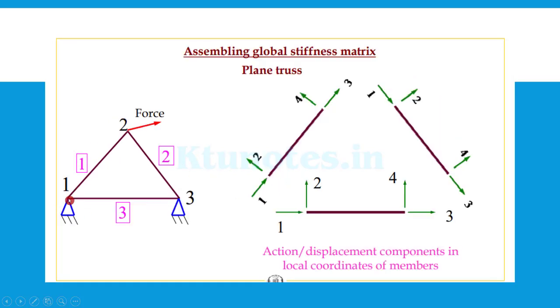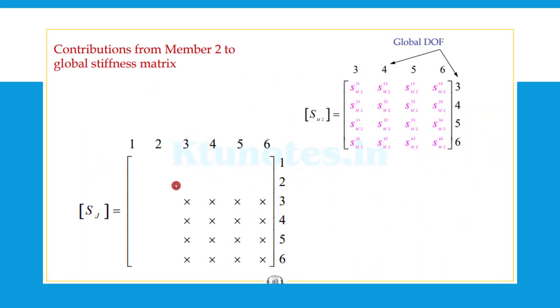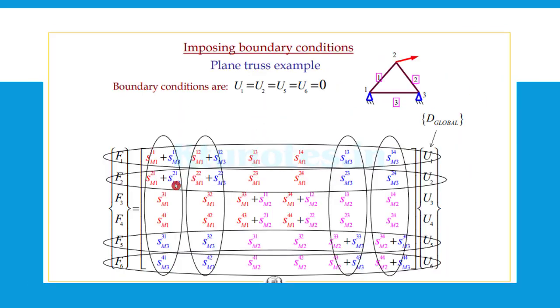There is no displacement here, as well as there is no displacement here. So this will be the one U1, and here also you have zero displacement. So those things are written there. There is U1, U2, U5 and U6 is equal to 0.